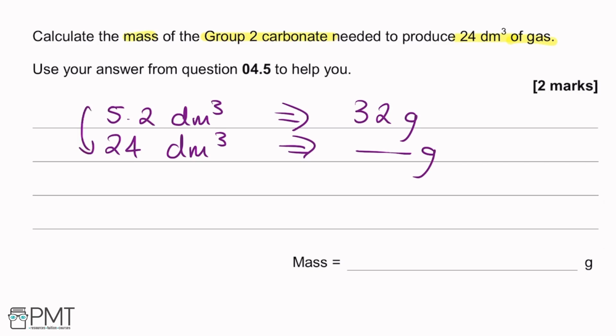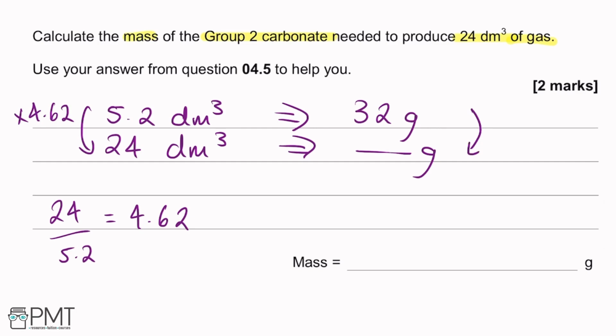Well, to work that out, I could do 24 divided by 5.2, and that gets me quite a long number, somewhere around 4.62. So to get from 5.2 to 24, I've timesed by 4.62. Now what I do to the volume, I also need to do to the mass.